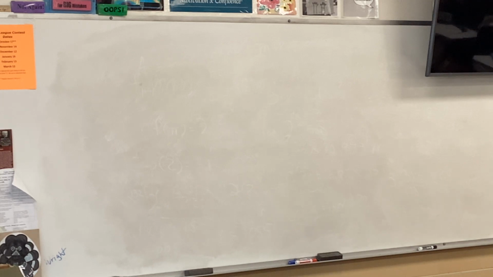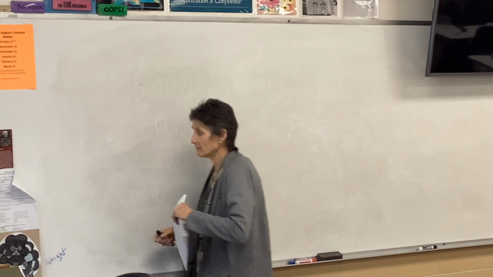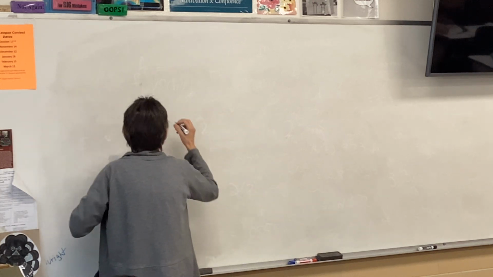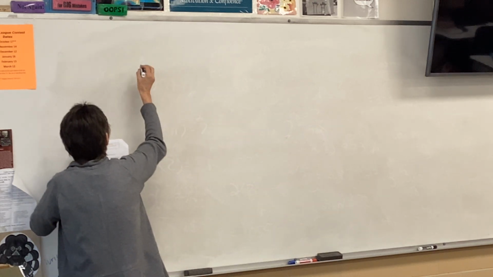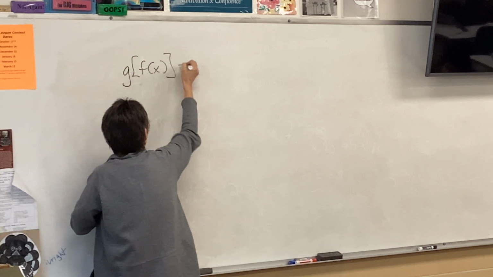All right, example 2. Show that f and g are inverse functions by showing that their compositions equal x. Remember, that's how we prove things are inverses.